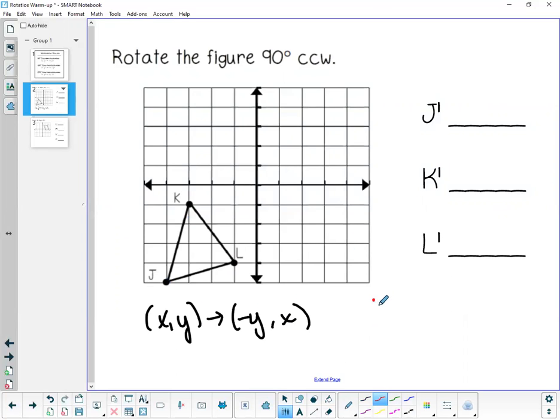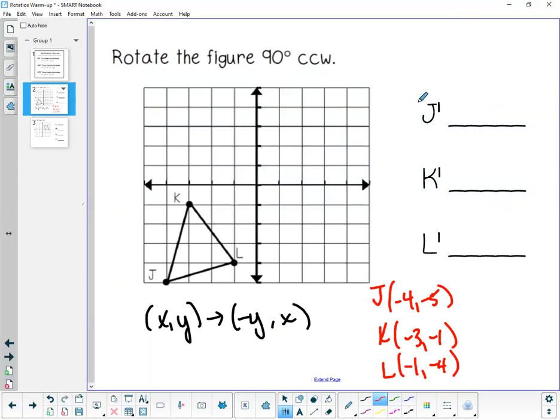Right now, J is at (negative 4, negative 5). K is at (negative 3, negative 1). And L is at (negative 1, negative 4).